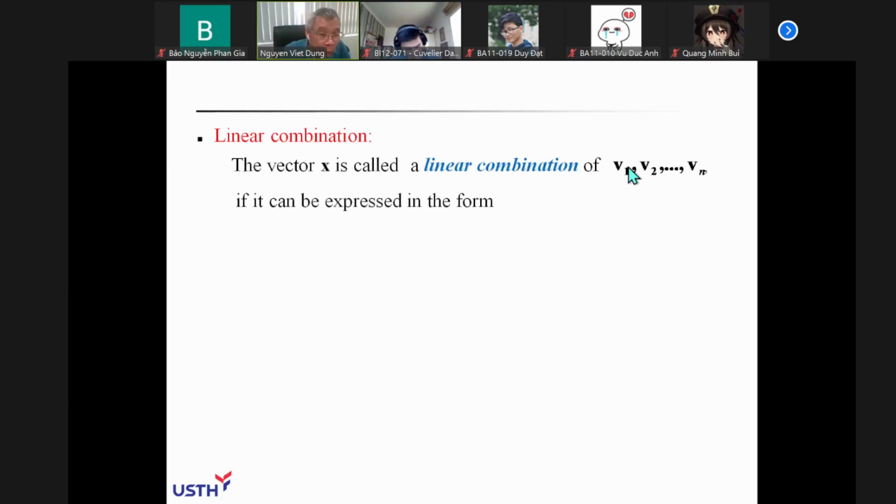It says as follows: a vector x will be called a linear combination of the vectors v1, v2, up to vn if x can be written in the form x equals c1 times v1 plus c2 times v2 plus up to cn times vn. And here c1, c2, up to cn are numbers, scalars.